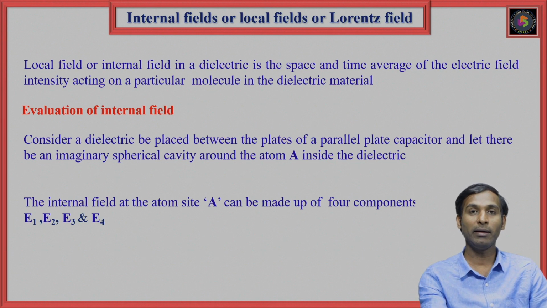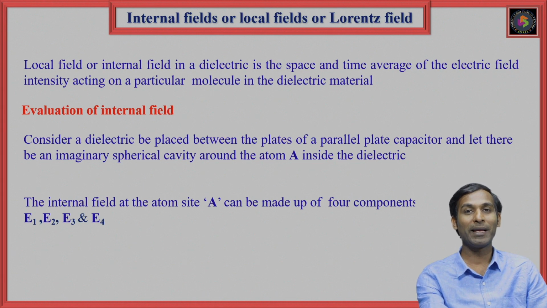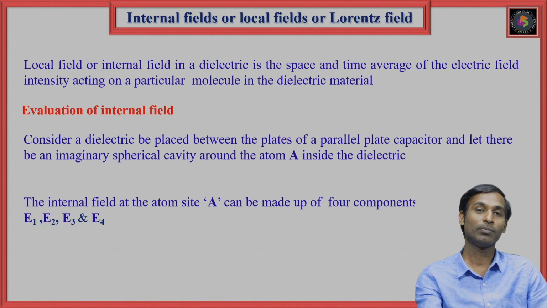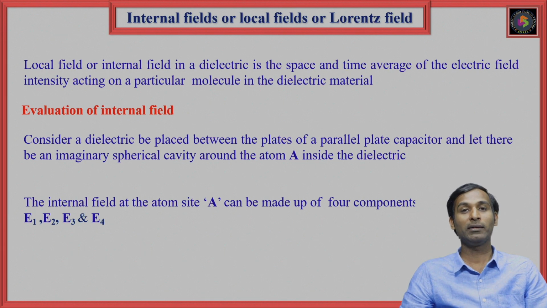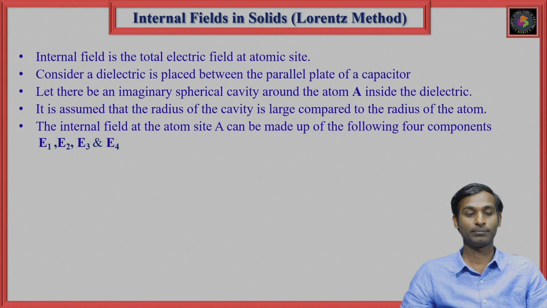EI is equal to E1 plus E2 plus E3 plus E4. First we have to define the internal electric field as E1, E2, E3 and E4. What are E1, E2, E3 and E4? How can we define them? Consider this.